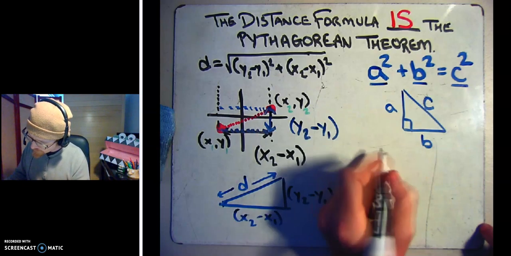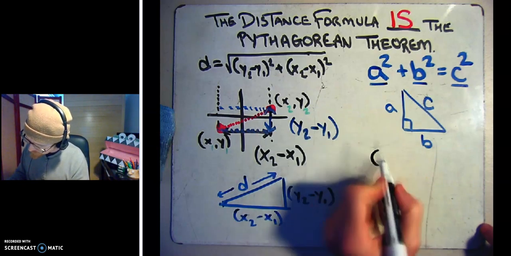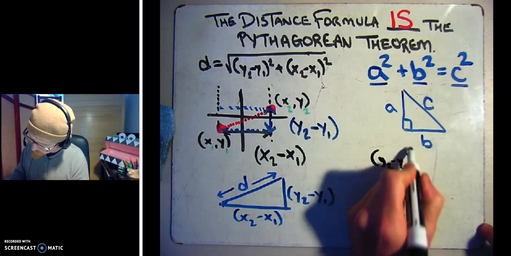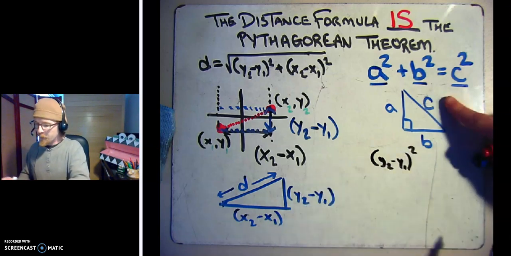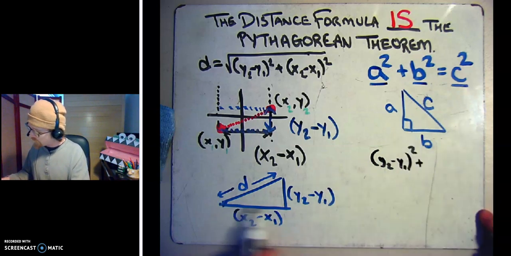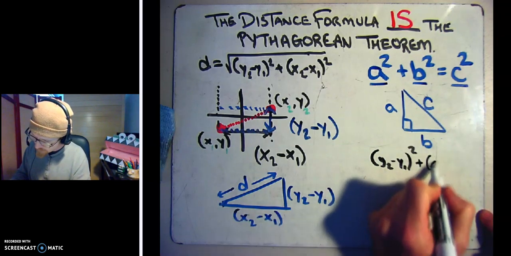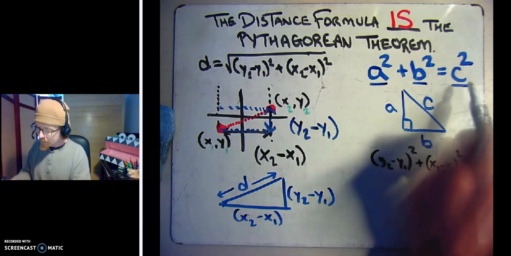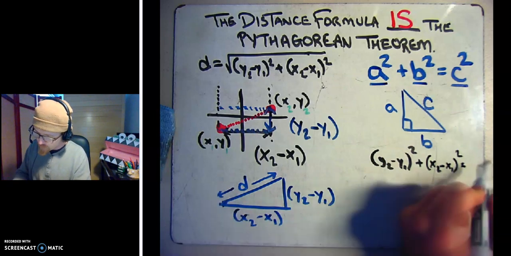So a squared is now y2 minus y1 squared. My Pythagorean theorem has plus b squared. b we'll say is this length, which is x2 minus x1 squared. And the c squared, we'll call that d squared.